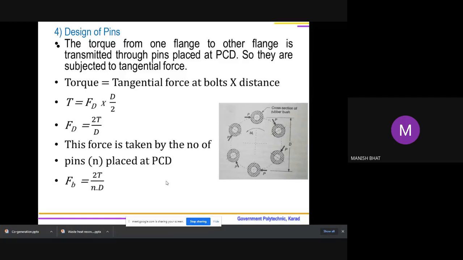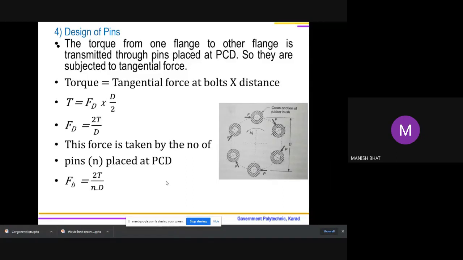Figure shows number of bush located, 6 bush are there, and some torque is transmitted. Due to transmission of torque, force will be developed, and P is the individual force coming on the bush. We are supposed to find that particular force which is coming on the bush. For that sake, we will be using this relation: torque is equal to tangential force at the bolt multiplied by distance.